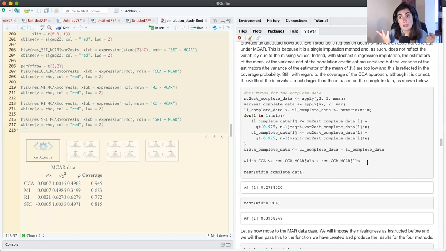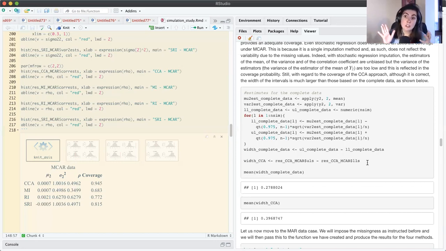In this case, the nominal level is 0.95 because we are computing 95% confidence intervals, but also we should look at the width of the interval, right? Ideally, the coverage is close to the nominal level, and the width of the interval is as short as possible, right?